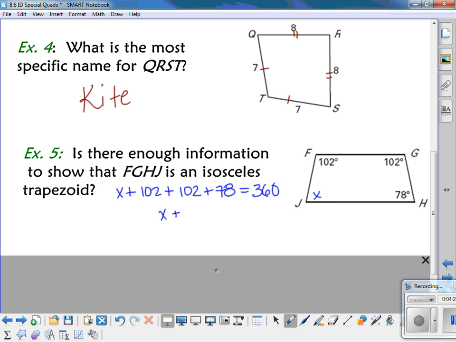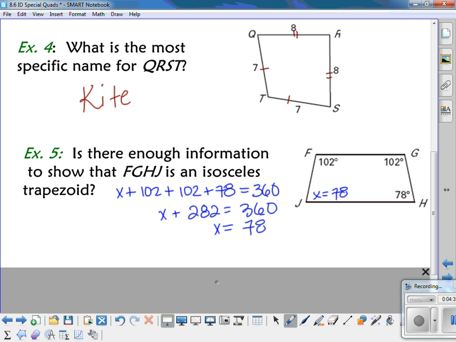Combine my like terms, I get X plus 282 is equal to 360. And so X equals 78. And since X equals 78, that means that both pairs of base angles are congruent. So yes, there's enough information because both pairs of base angles are congruent.